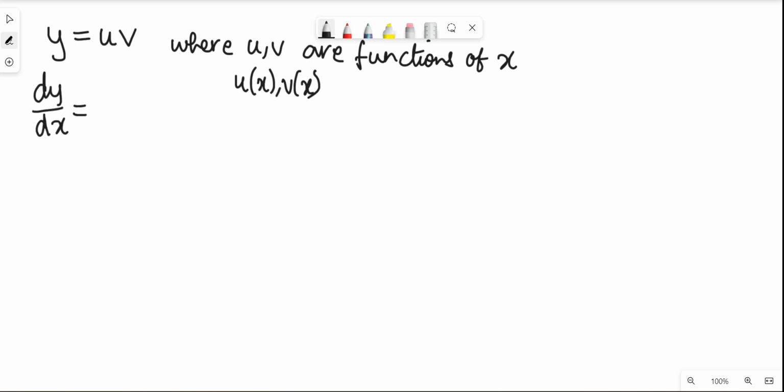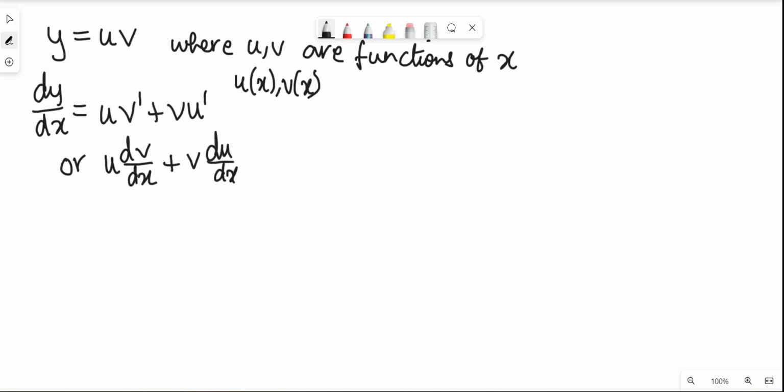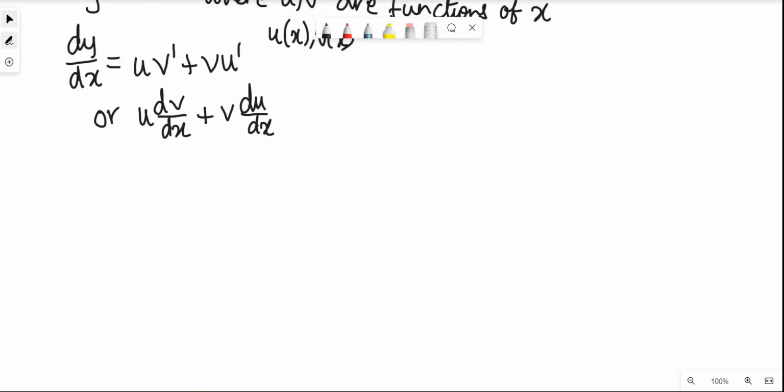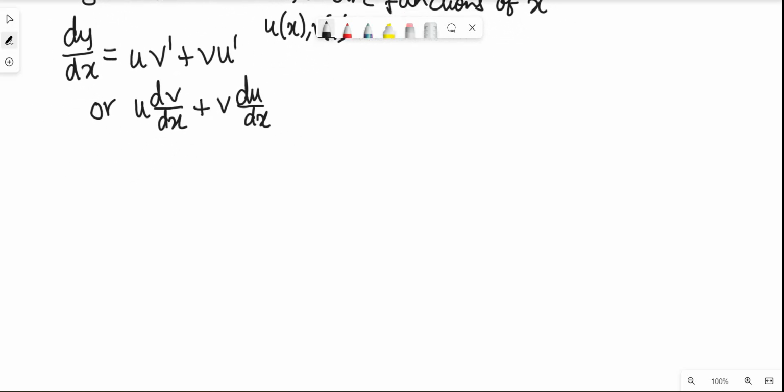By the formula we know this is u v dash plus v u dash, or you can also write it in the dx form, which is u dv by dx plus v du by dx. So how do we actually derive this? We're going to look at it now.